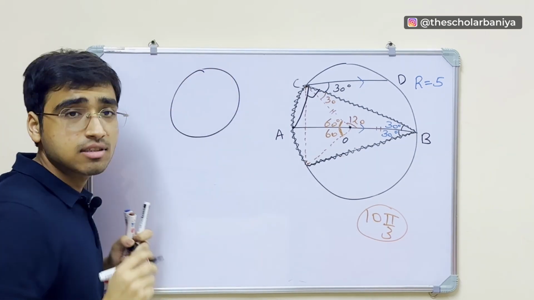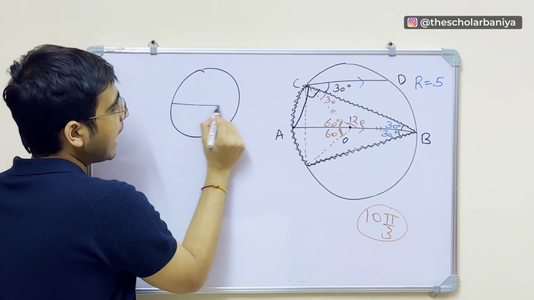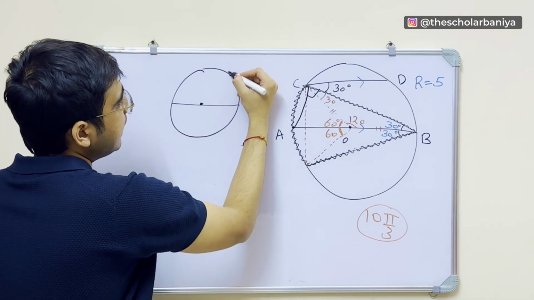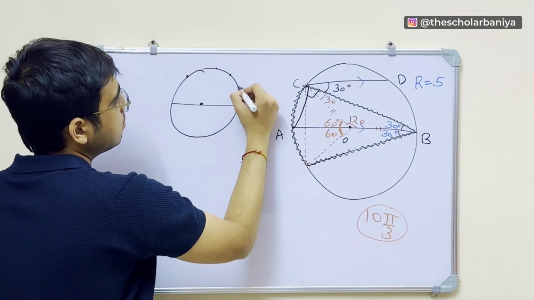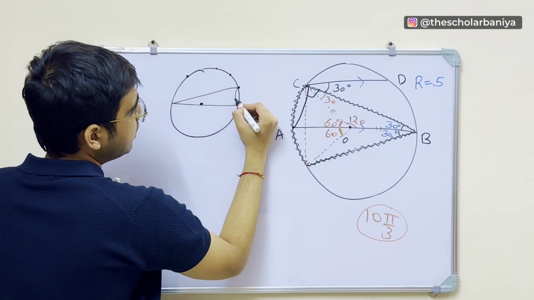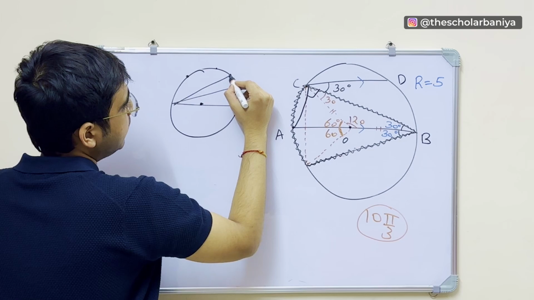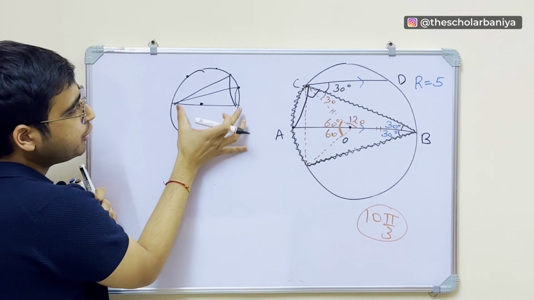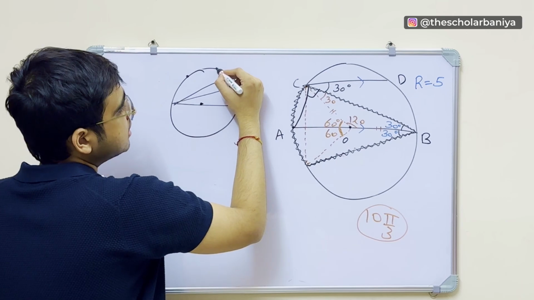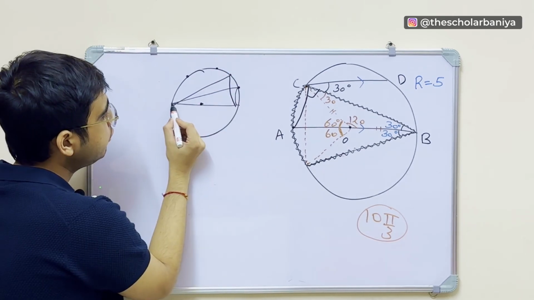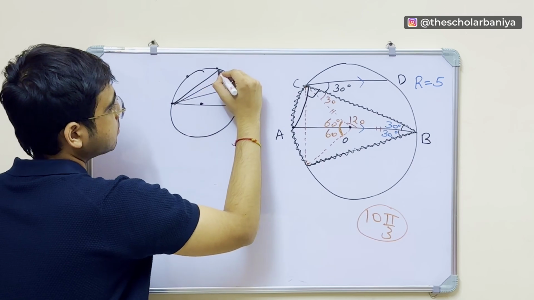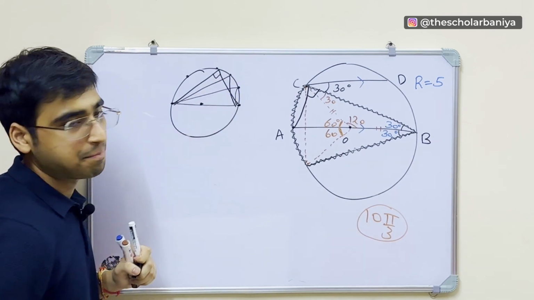Because in any given circle, if we have a diameter, and if we take any point on the circle, and if we join the end of the diameter to any point on the circle, for example, this is a point, if we join this point and this point to this point, this angle will be 90.